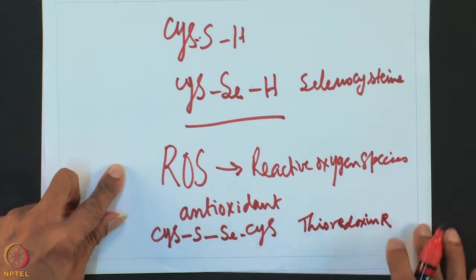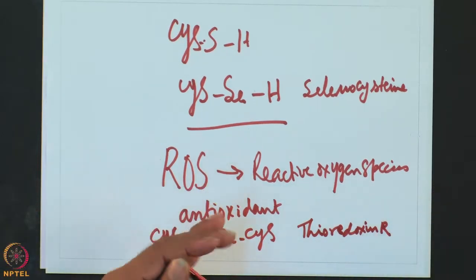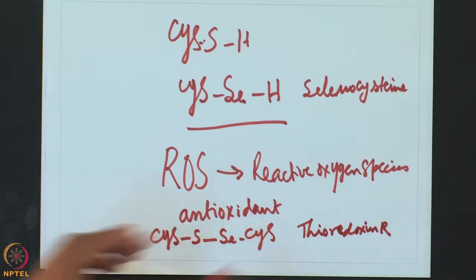This is the kind of bond which will reduce the disulfide bond in the thioredoxin. So, the main role of the selenium in these enzymes is not like the conventional metal ions forming a metalloenzyme, but rather taking up the position of the sulfur in the selenocysteine and being involved in a number of enzymes including glutathione peroxidase.